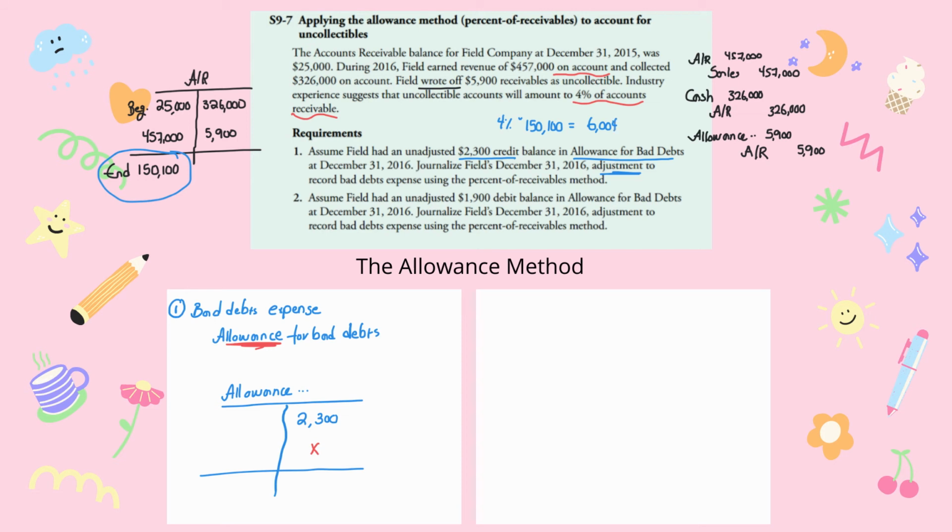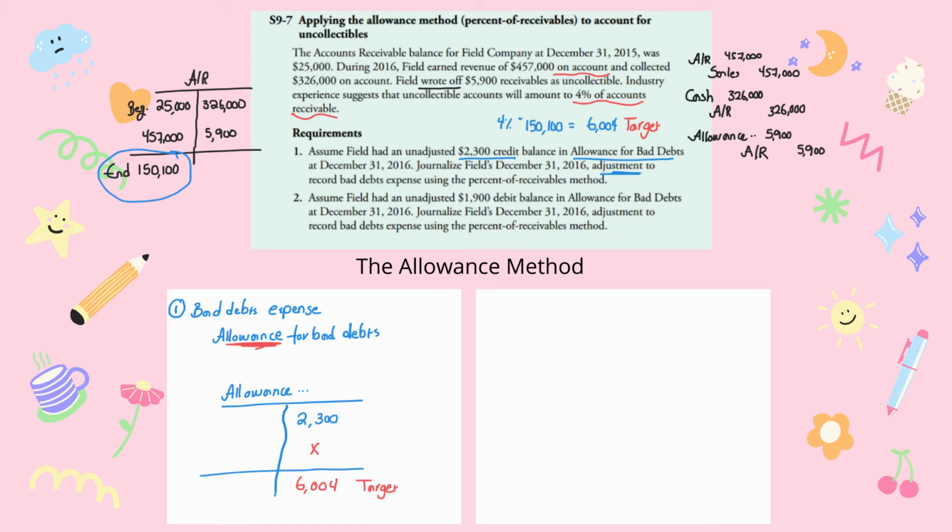So the 6,004, we call it the target balance, which means the ending for the allowance. This is the ending. It should always be on the credit side because the normal balance for the allowance is the credit side. So it's 6,004.